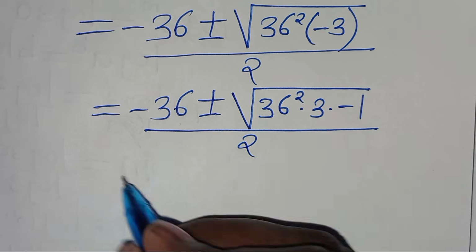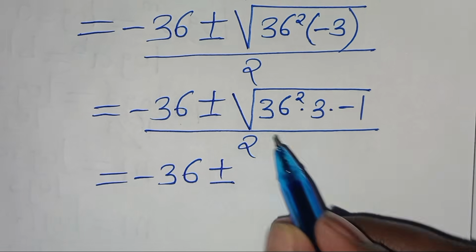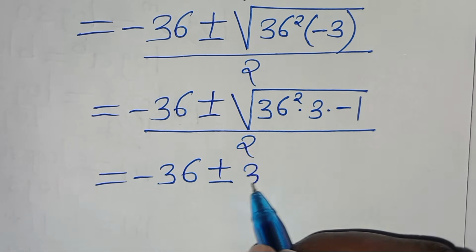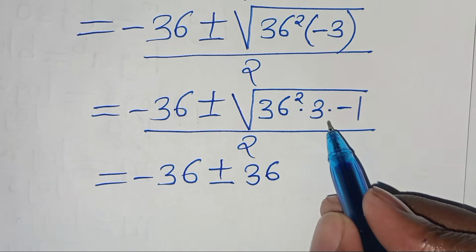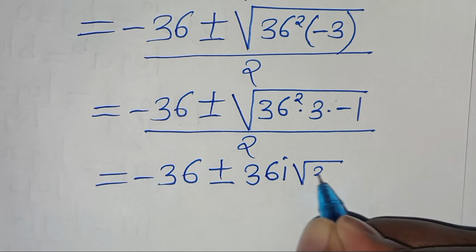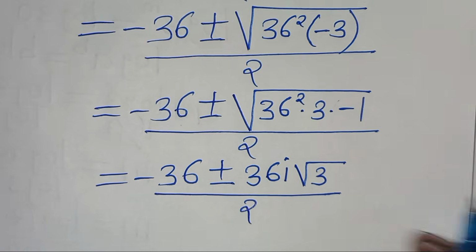which is the same thing as minus 36 plus or minus. Now let's eliminate the square root here. So this is 36, then the square root of minus 1, this is i, then the square root of 3. So that is 6i square root of 3 divided by 2.